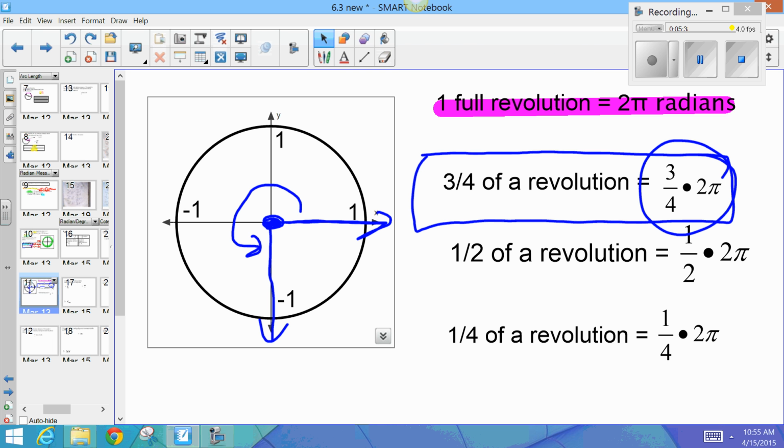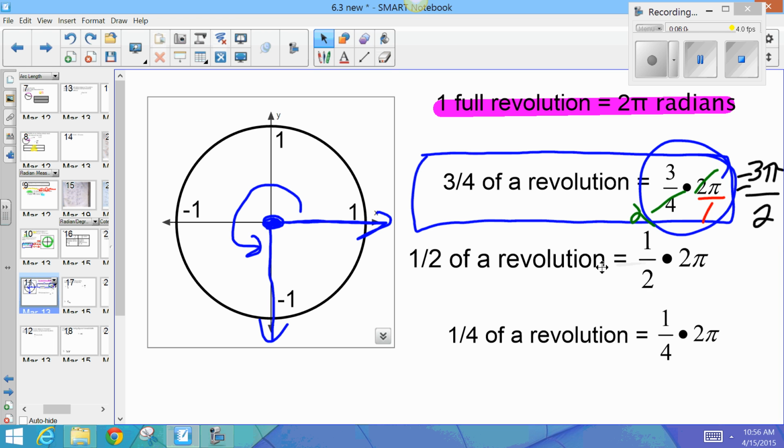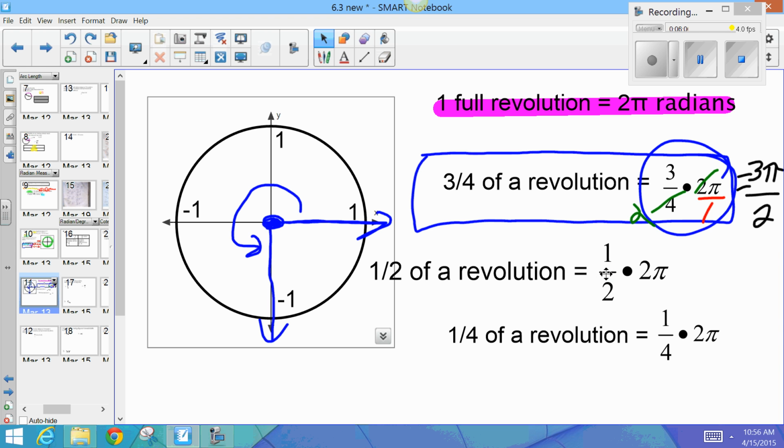And if I make this 2 pi over 1, and cancel a 2 out of top and bottom, and then do top times top and bottom times bottom, I get 3 pi over 2. 3 pi over 2 is the number of radians in 3/4 of a circle.